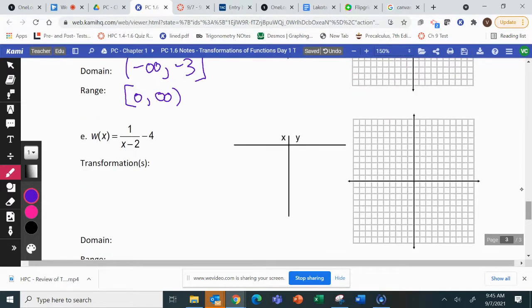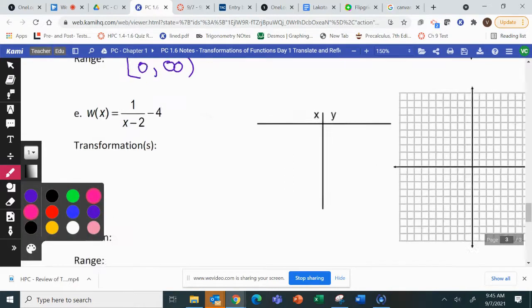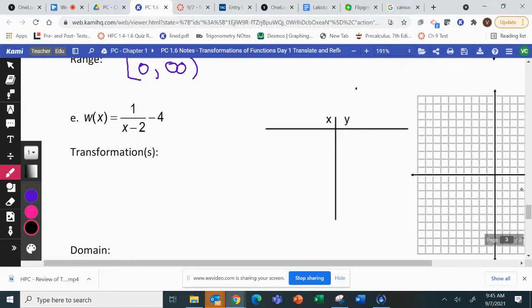Okay, so this last one here, I'm not going to take a ton of time for the graph right now. We had one of those on the 1-3 example. I just want to go over the transformations and write your domain and range real fast. And by the way, the parent function would be 1 over x.